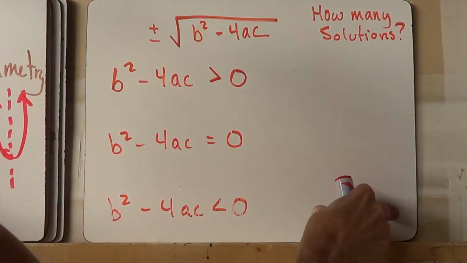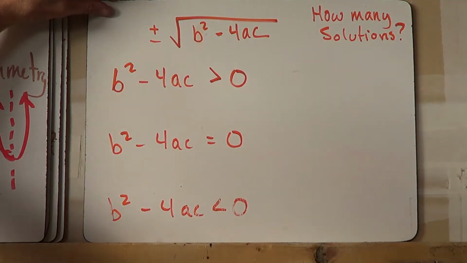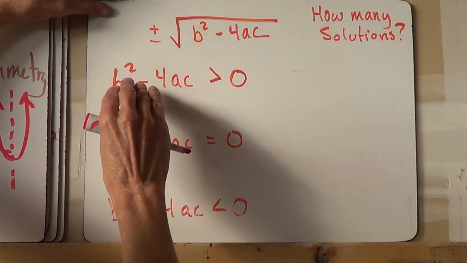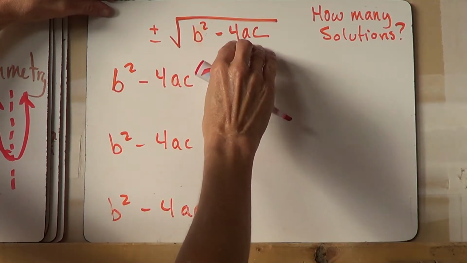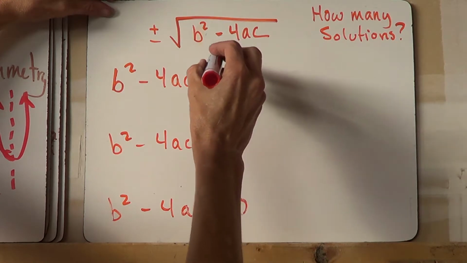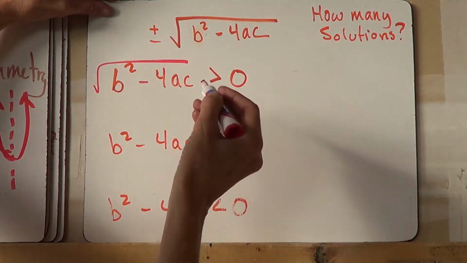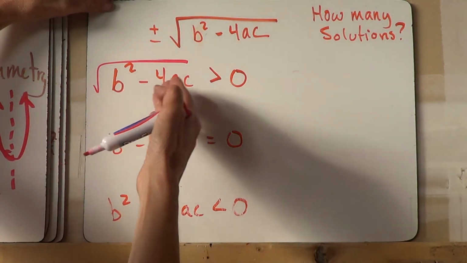Now, if we look at the discriminant, this part, if we can determine that our b squared minus 4ac comes out to be a positive number, the square root of a positive number is going to be greater than 0. So we'll have a square root.